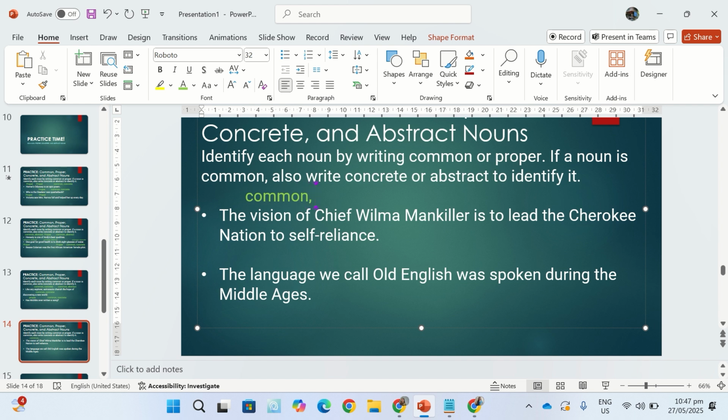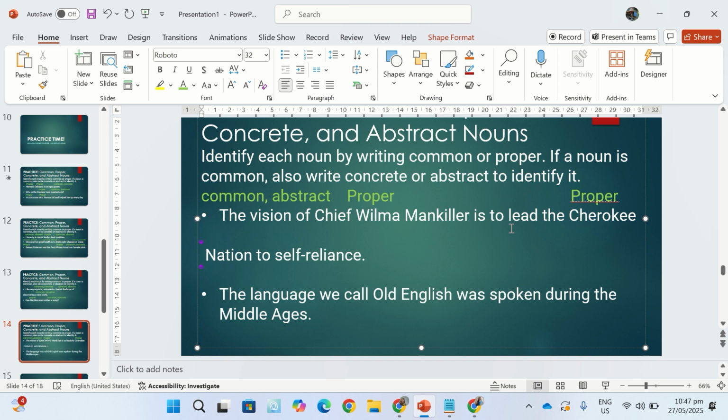It's common and abstract, like I have a vision, I have a goal. Chief Wilma Mankiller is a proper noun. Cherokee is a proper noun. Cherokee Nation, and self-reliance, something that is a characteristic, so common and abstract.